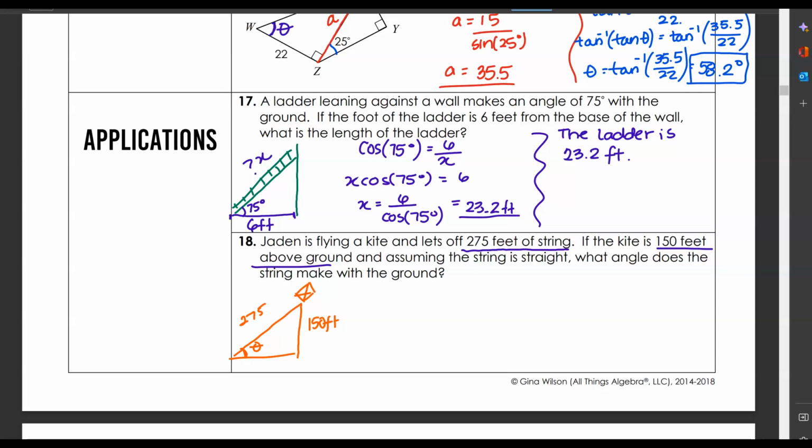Okay. Noticing here, because I have the opposite over the hypotenuse, in this case I would want to use sine. So I'd have sine of theta is equal to 150 divided by that 275. Now, because I don't know what theta is, we're going to take the inverse sine of both sides.